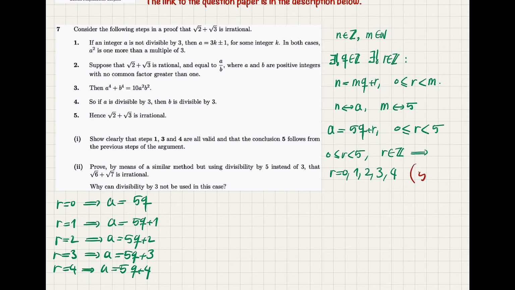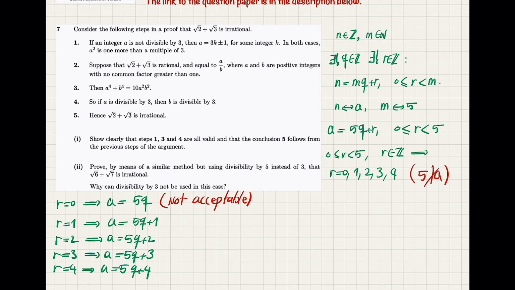If 5 doesn't divide a, then this case cannot happen, it is not acceptable. But there are 4 possibilities left for us now. Let me write it in a slightly modified way that becomes similar to statement number 1 given in the problem itself.